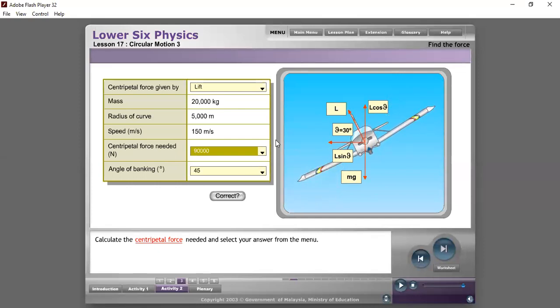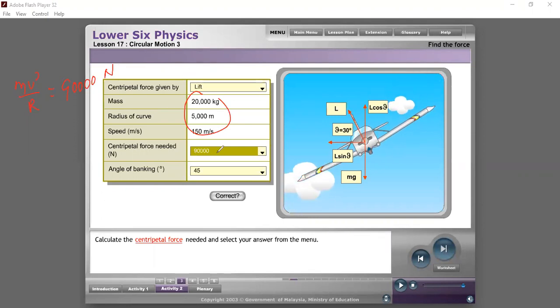Let me take out my pen first. If I use mv squared over r, all the values put in, I will get 90,000 Newton.